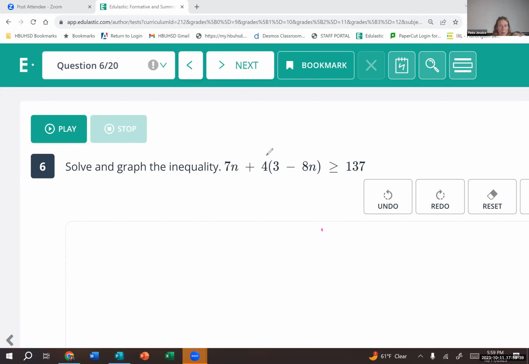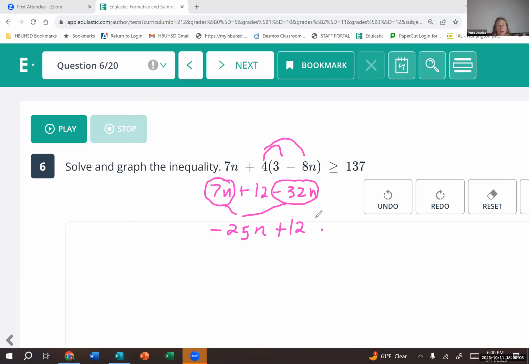We see the parentheses, so that means we're going to distribute, and we're going to get 7n plus 12 minus 32n. And then we have like terms over here. 7n and negative 32n both have n, so we're going to add those together to get negative 25n. Still plus 12 is greater than or equal to 137.